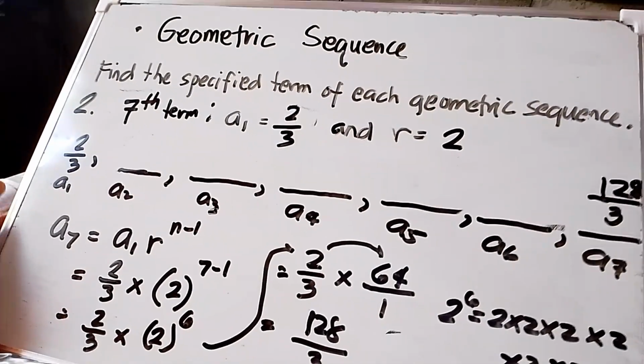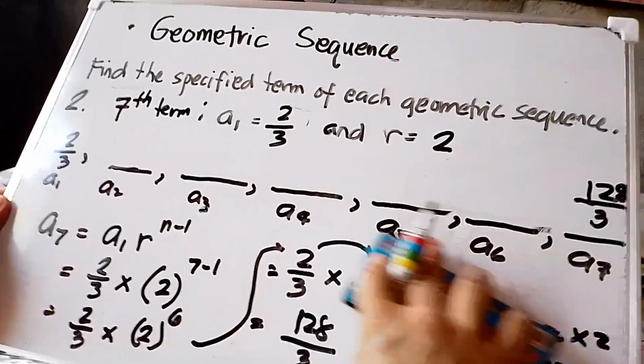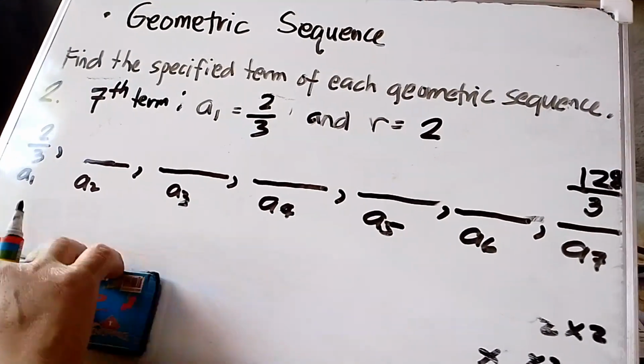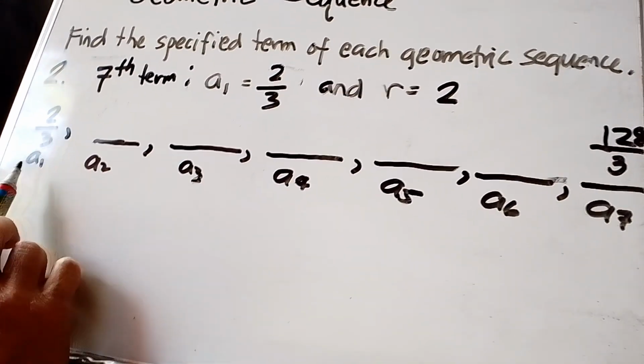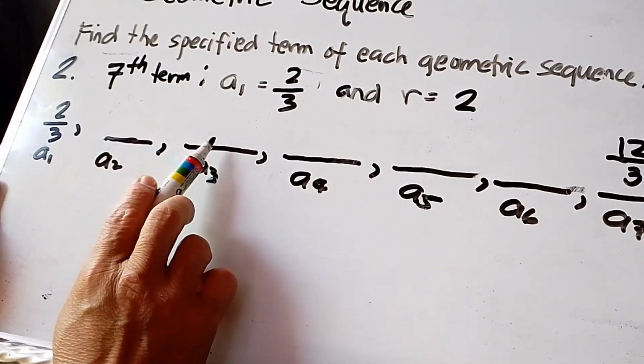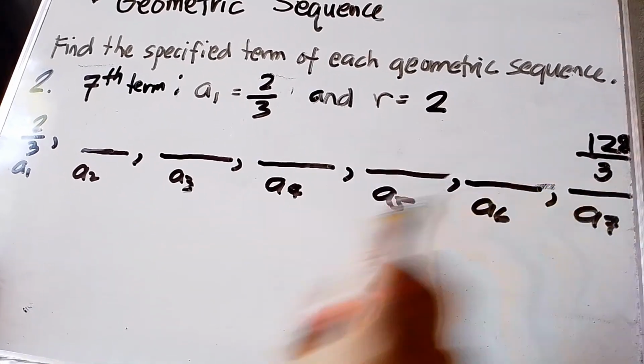Okay, so let us check if A7 is correct. We need to find the next terms after A1. Find A2, A3, A4, A5, A6, and we have to check if the last term is correct.